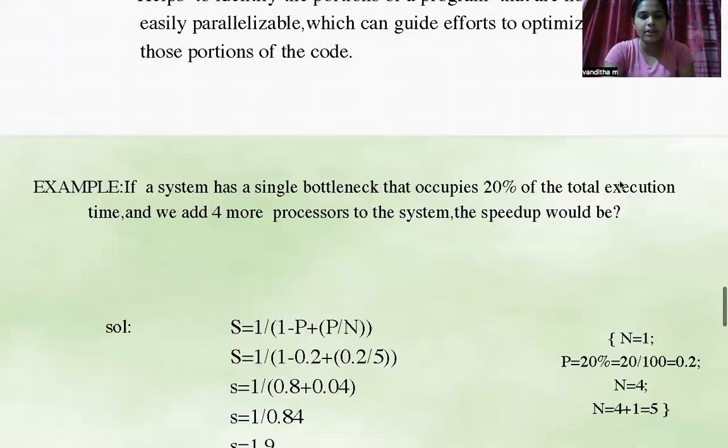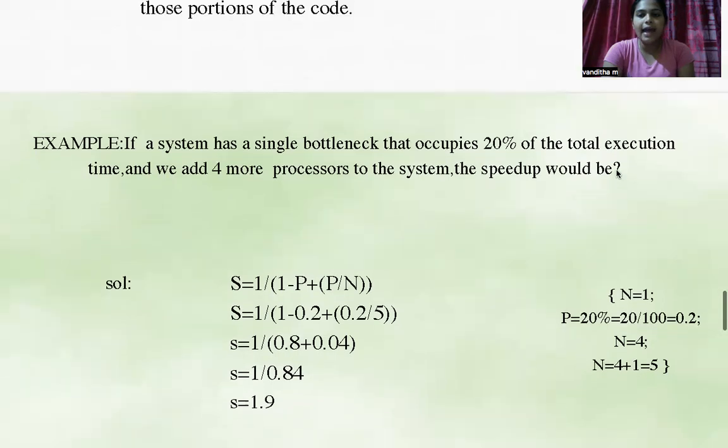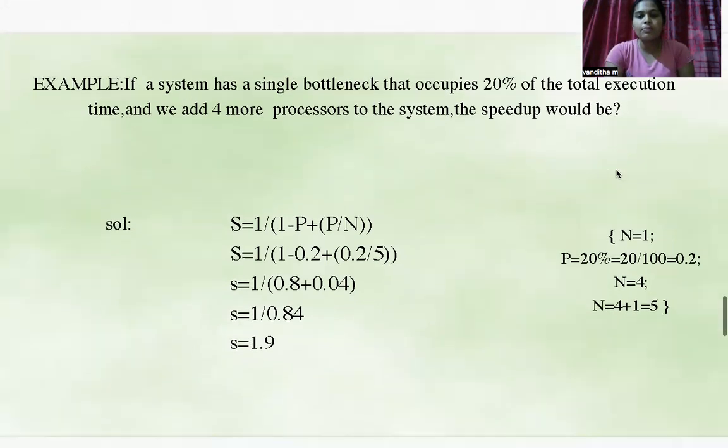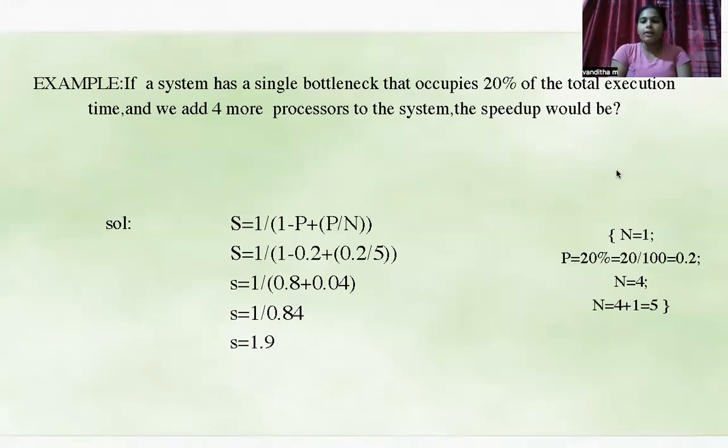Moving further, let's see an example of Amdahl's law. If a system has a single bottleneck that occupies 20% of the total execution time, and we add 4 more processors to the system, what would the speedup be? We need to calculate S. The given values are P equal to 20 divided by 100, which is 0.2.